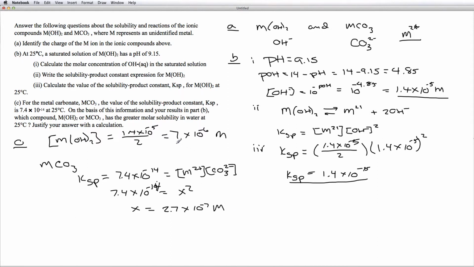Now I need to compare these two values, this one and this one.